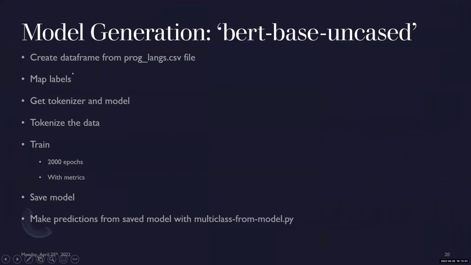I basically created the data frame, using the programming language.csv file to train on, and I mapped the labels. I got the tokenizer and the model, tokenized the data, and then I trained. I started with a smaller data set and fewer epochs.